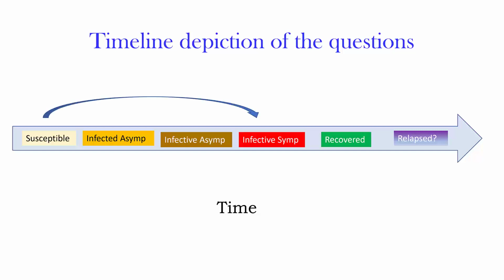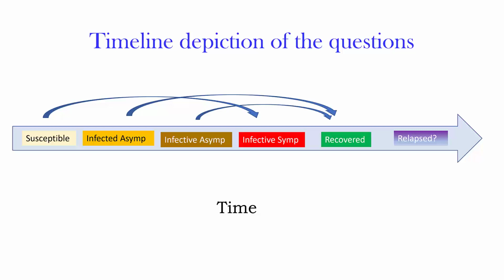It's fairly well thought that people can pass from the susceptible classification directly to infective symptomatics. It's presumed, I think, that all the symptomatics are infective. Infected asymptomatics, people who are not capable of transmitting the disease and don't have any symptoms, can they actually become recovered, or do they have to go through other stages?